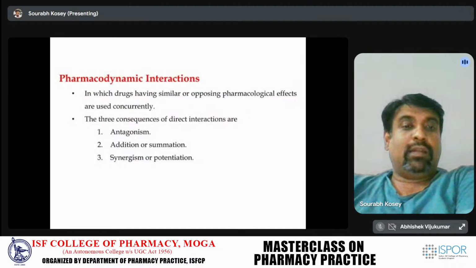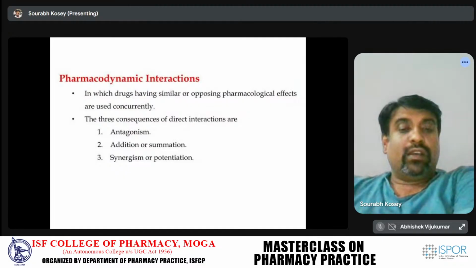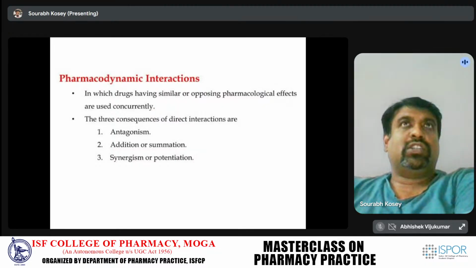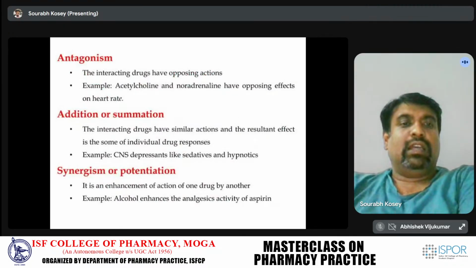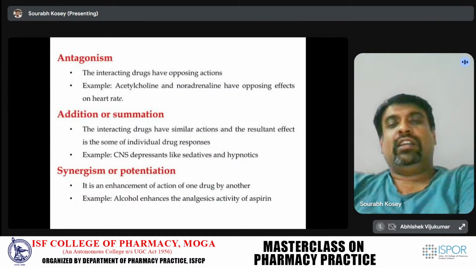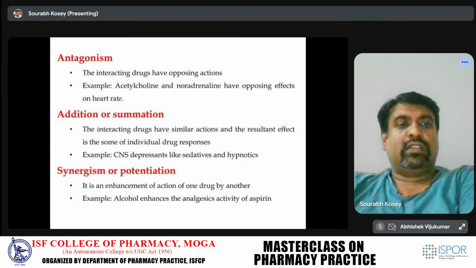Pharmacodynamic interactions, where synergism or antagonism takes place, involve similar or opposing pharmacological effects. Antagonism is where the interacting drugs have opposing actions. Example: acetylcholine and noradrenaline have opposite effects on the heart rate.